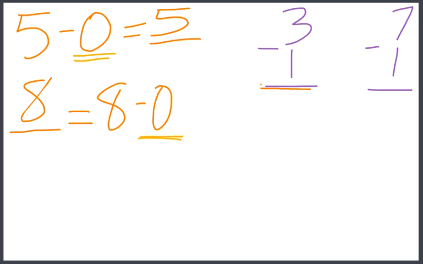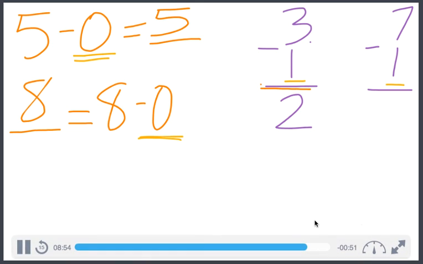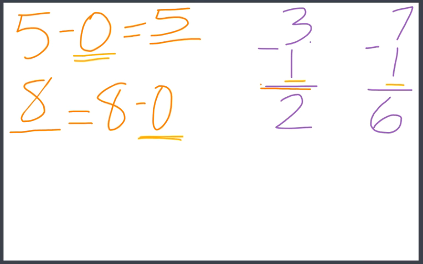And let's look right over here. If 1 is subtracted from any number, the answer is the next smaller number. It's 1 less. So 3 minus 1 equals 2. 2 is the next smaller number from 3. 7 minus 1 equals 6. 6 is the next smaller number from 7.